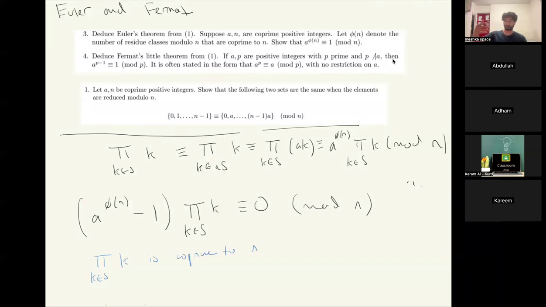Each of the factors is coprime to n, so the whole thing is coprime to n. And then we're saying this number times something equals 0. So by lemma 0, a to the phi of n minus 1 is congruent to 0 mod n. You're right, it's an application of lemma 0.